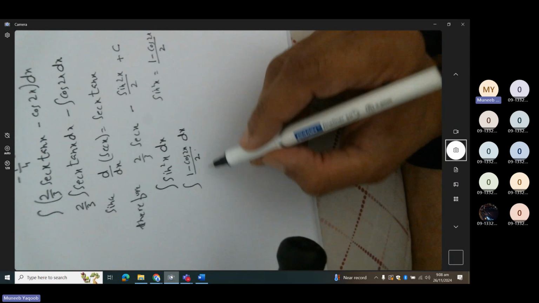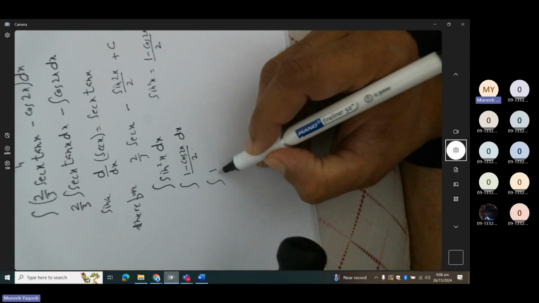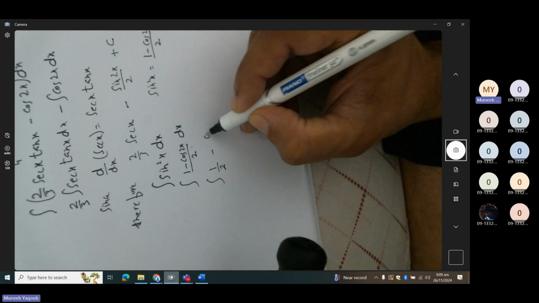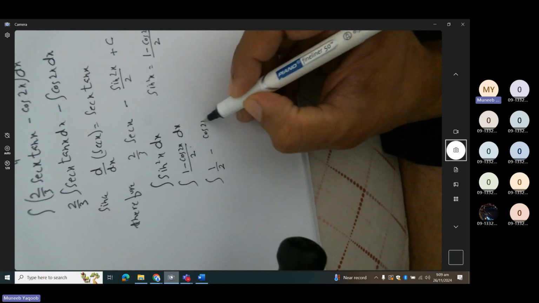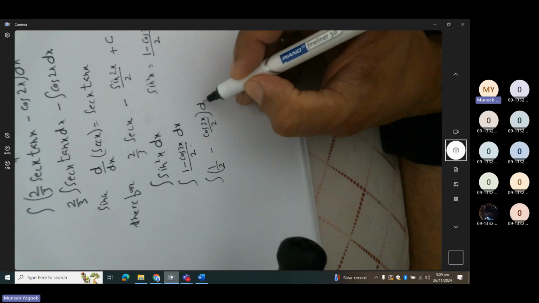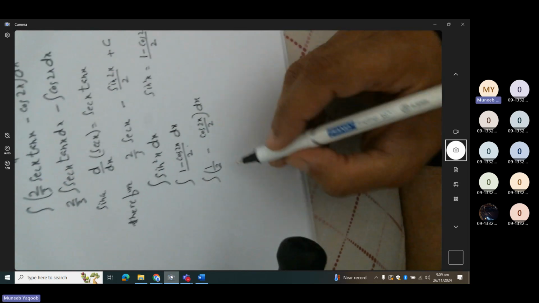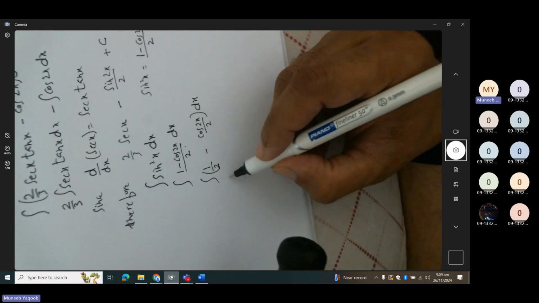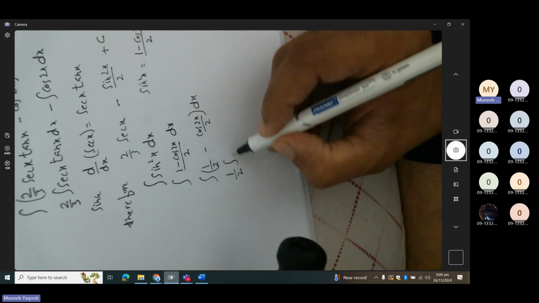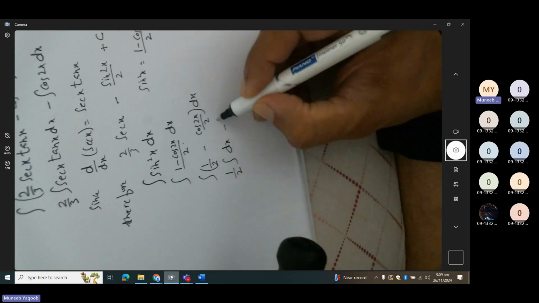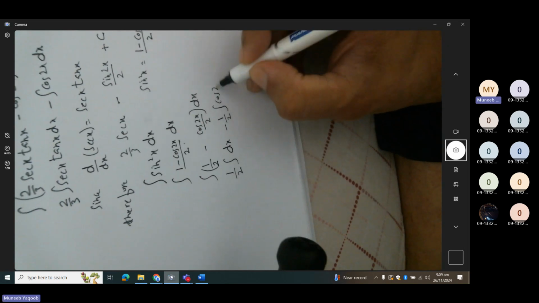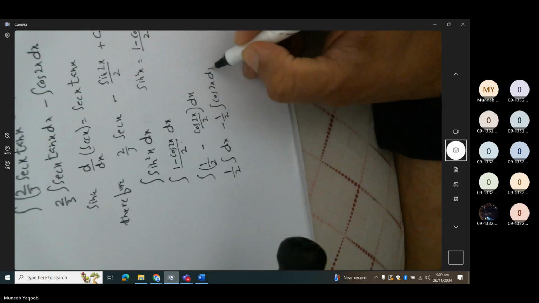Now we will separate the two terms. So it will become integral of 1 upon 2 minus cos 2x upon 2. So we are to integrate these two terms. In the next step, we will write it like 1 upon 2 times integral dx minus 1 upon 2 times integral of cos 2x dx.